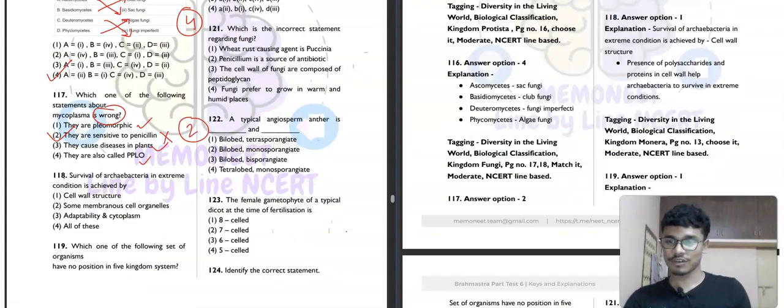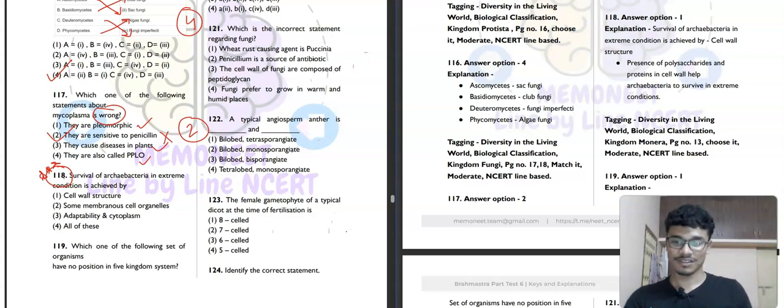Now this question number 180, this is a very important and good question, I will say. Survival of archaebacteria in extreme conditions is achieved by cell wall structure, some membranous cell organelles, adaptability and cytoplasm, or all of these. This is the question where your proper understanding will be tested.